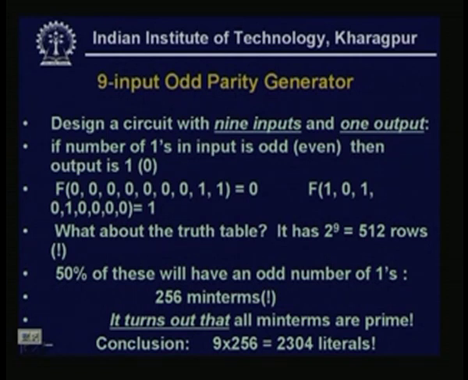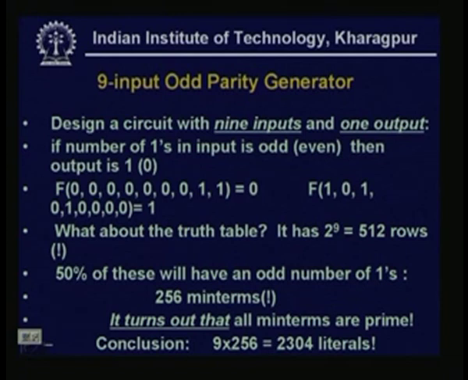How do we define the parity generator? If the number of ones in the input is odd, we call this an odd parity, and the output is 1. If the number of ones is even, then the output will be 0, and it is called even parity.